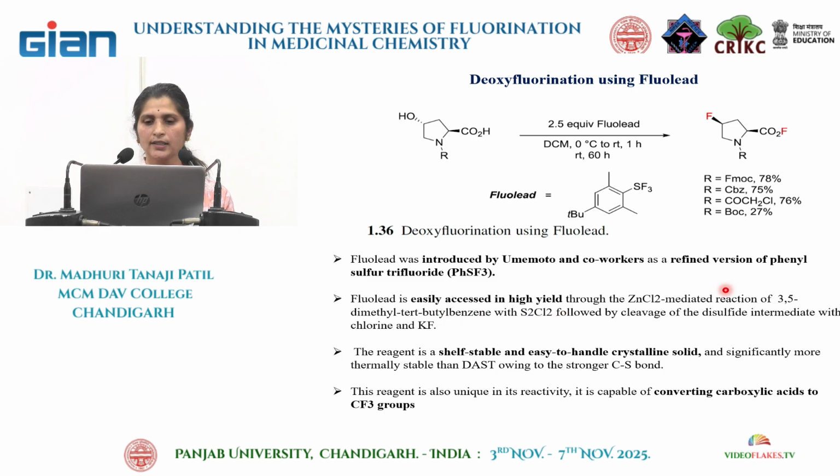If you treat this compound, you will get this, and you can use that reagent to get fluorine in your molecule. It is a shelf stable, easy to handle crystalline solid, so it has an advantage over DAST.